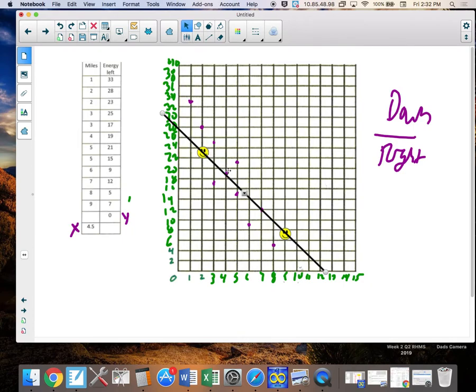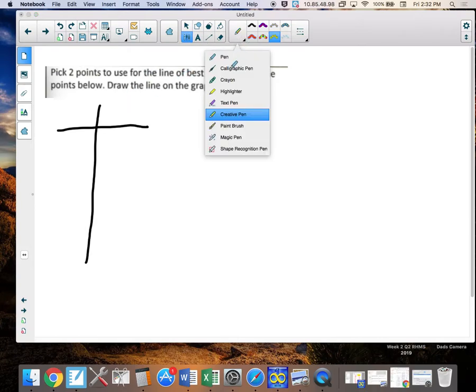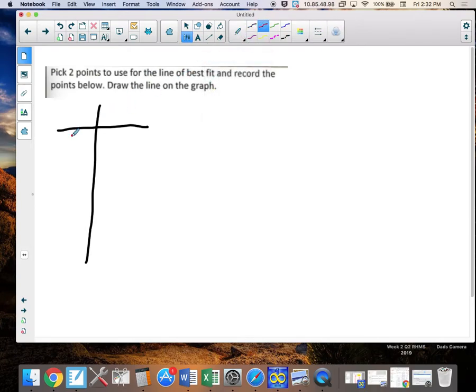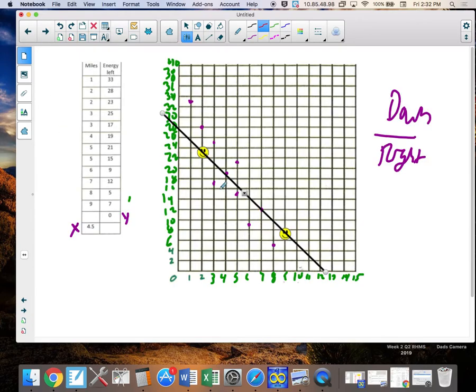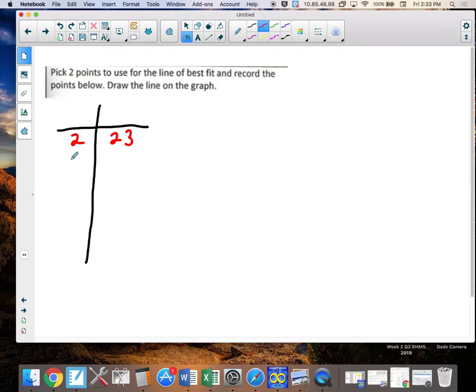Now that we have that line, the points that we had were 2 and looks like 23. So on our table, 2 to 23. The other point was 9, 7. While we're here, let's find the rate of change.